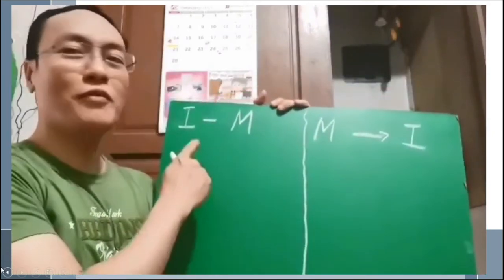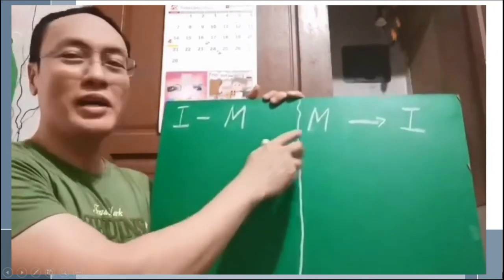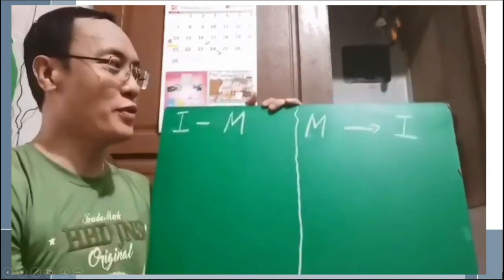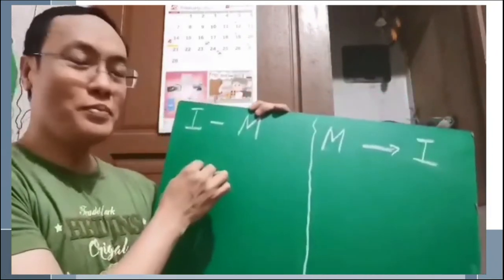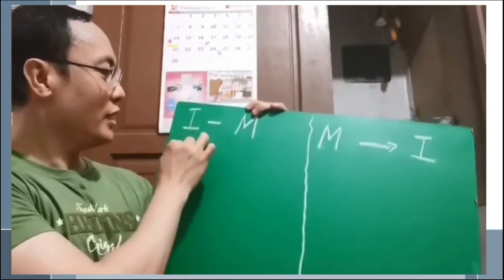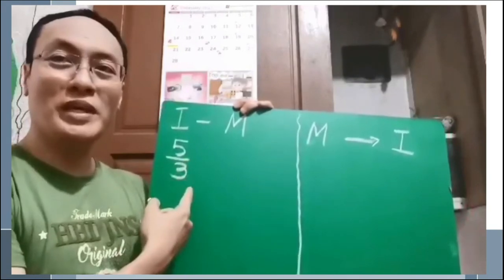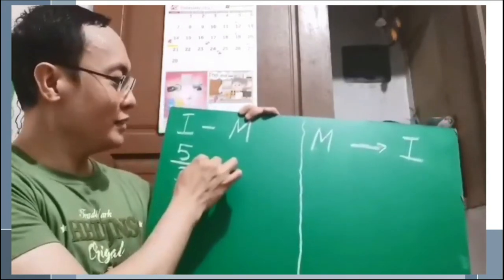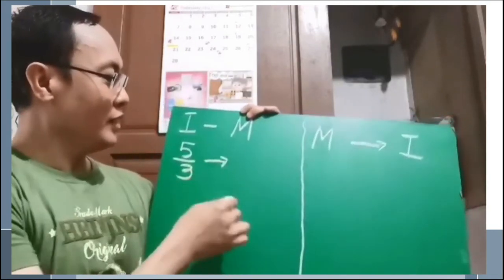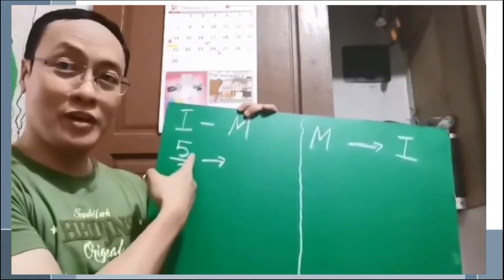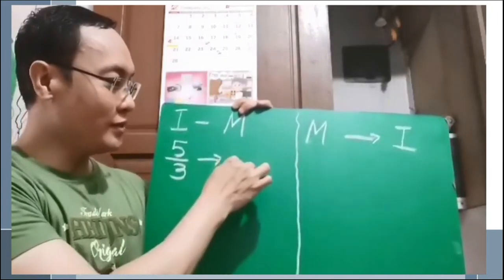Changing improper fraction to mixed number, vice versa, mixed fraction to improper fraction. Okay, example. 5/3. How do we change 5/3 to a mixed number? Simply, how many 3's are there in 5? So there is 1.